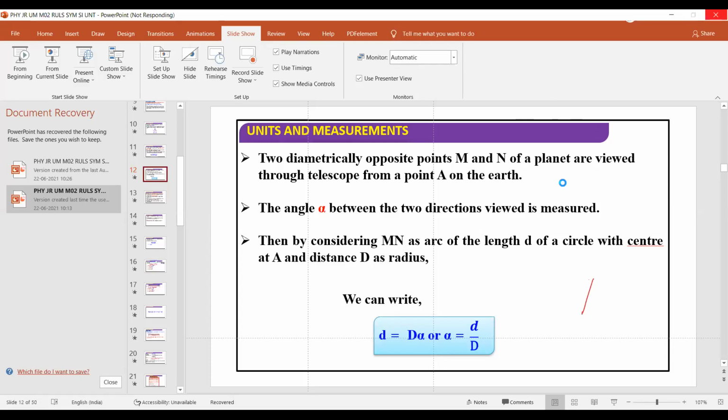The angle that is subtended between the two geometrical ends is actually known as the parallactic angle, right? That parallactic angle is sometimes also called the angular diameter.